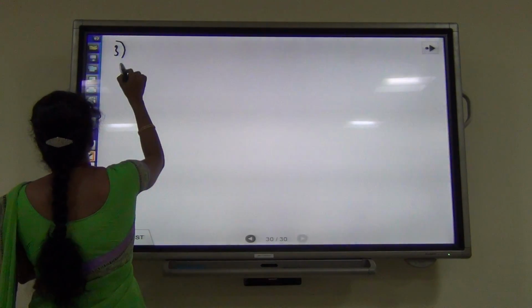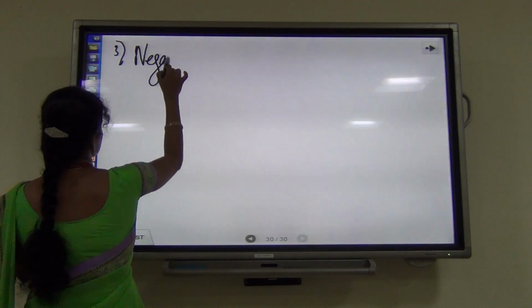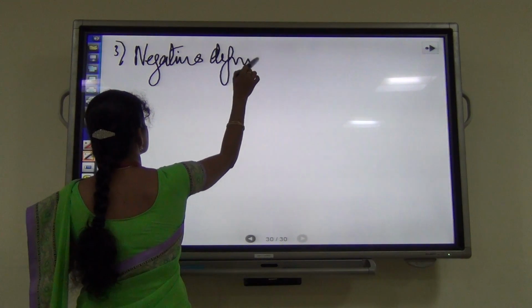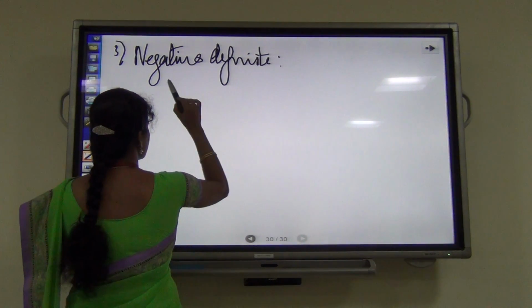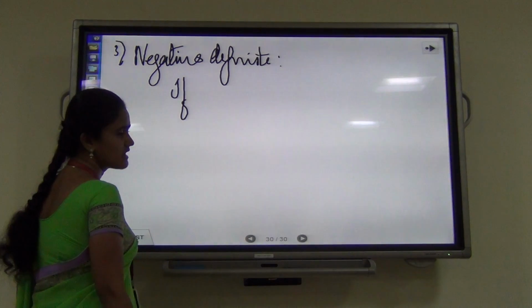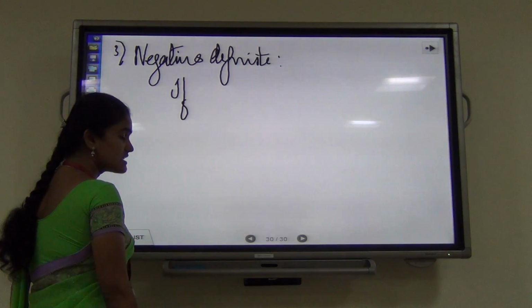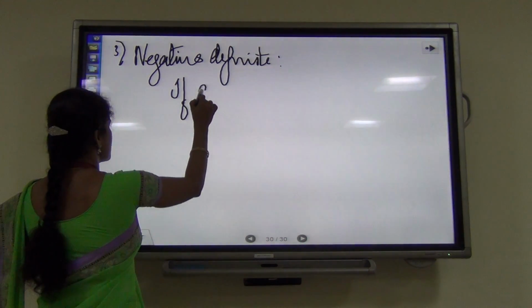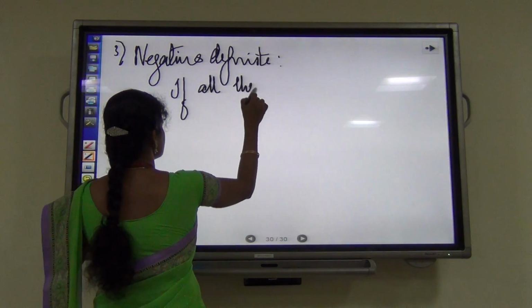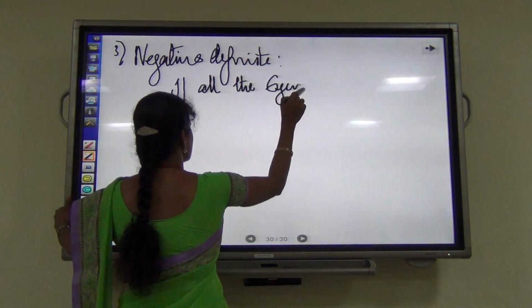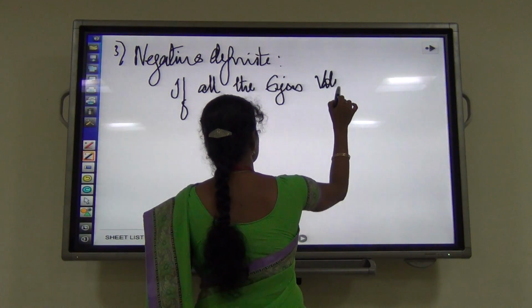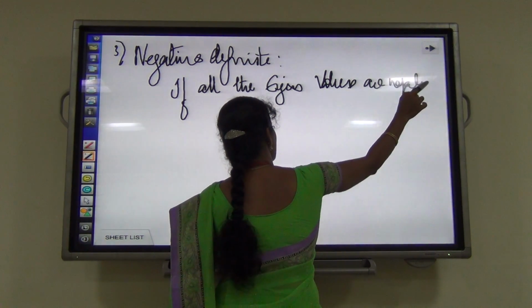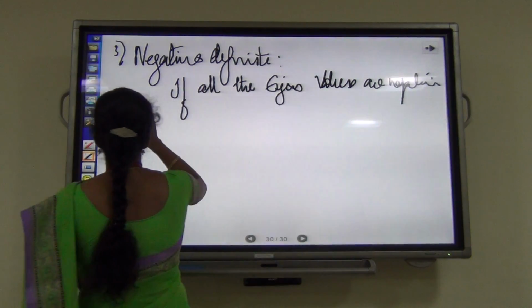The third case is negative definite. You get the nature of the quadratic form as negative definite if all the eigenvalues are negative.